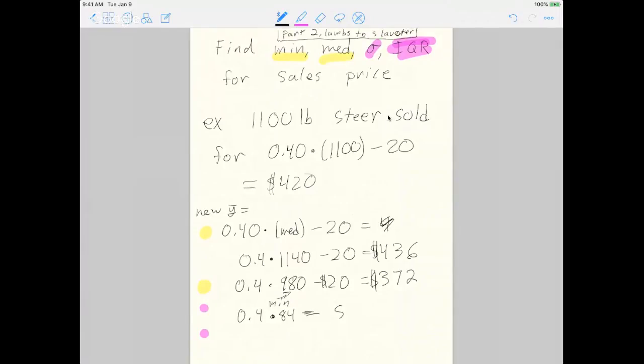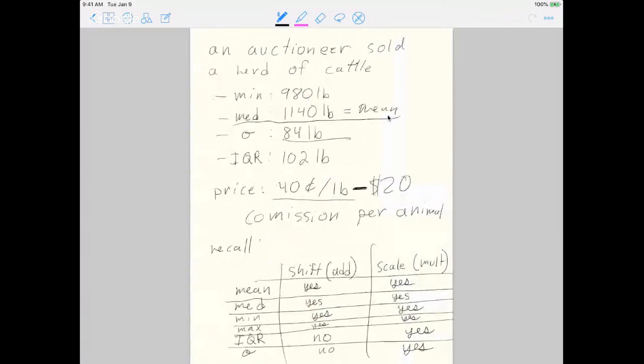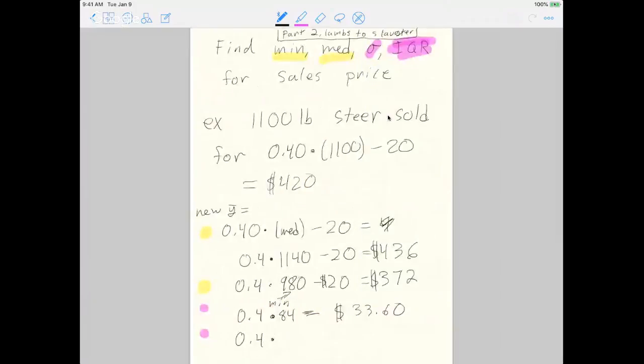So we should expect our standard deviation for the money side of things to be 33.60. And for the interquartile range side of things, what was our interquartile range? That was 102 pounds. 0.4 times 102, 40.8. There we are, guys.